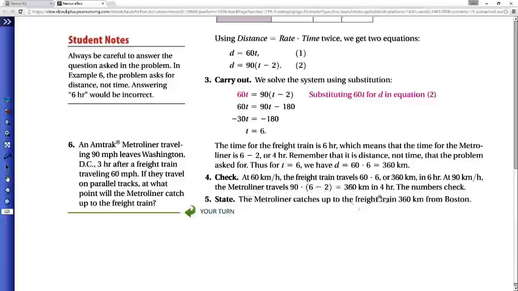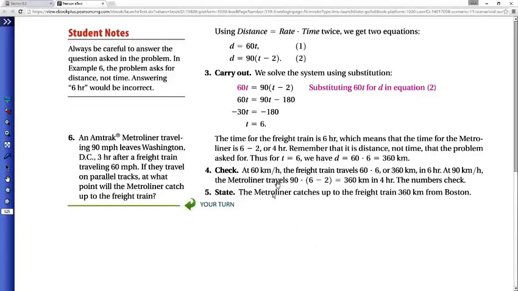So in 4 hours, or this t minus 2, you just put the rate times t minus 2, or 6 minus 2, and I get 360 kilometers. So the numbers check. So we have a solution. This is basically telling us how far these trains have to travel before they go the same distance.